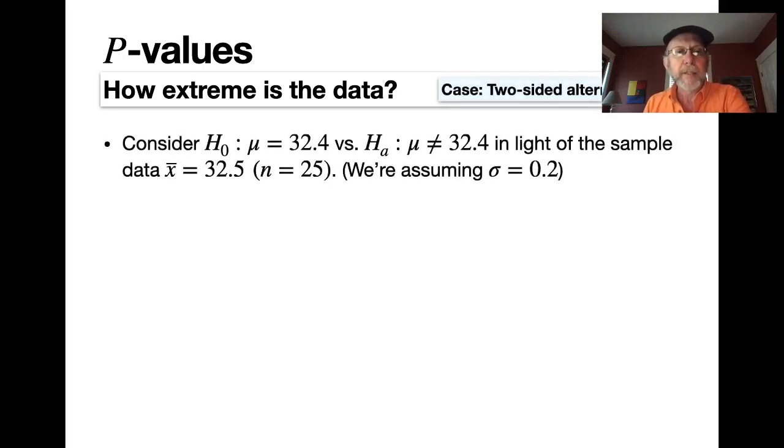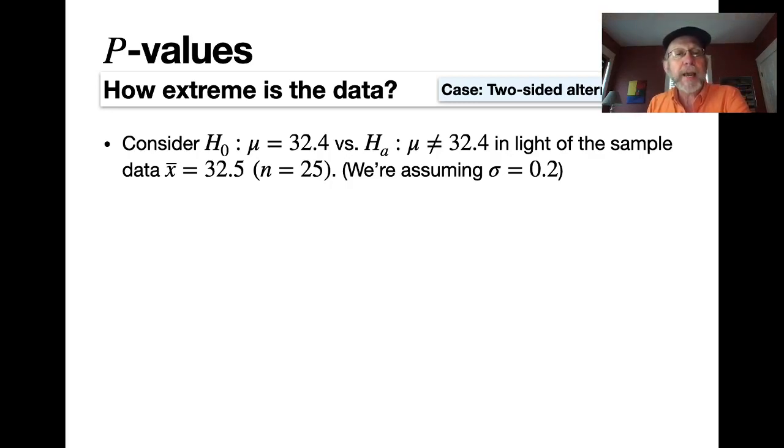This is the chocolate coated sugar bombs example we have discussed. The null hypothesis was that the average amount of cereal in a box is 32.4 ounces. And the alternative is that it's not, and the mean could be either less than 32.4 or bigger than 32.4 if some problem happens with the production machinery.